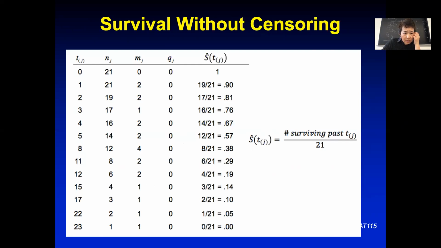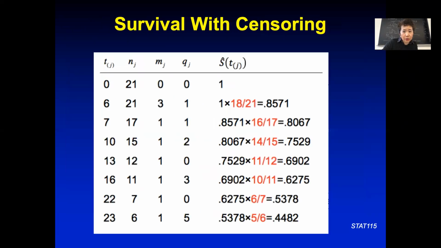The M is the deaths, and 1 is the people who left the study, right? So those, we don't have that information anymore.